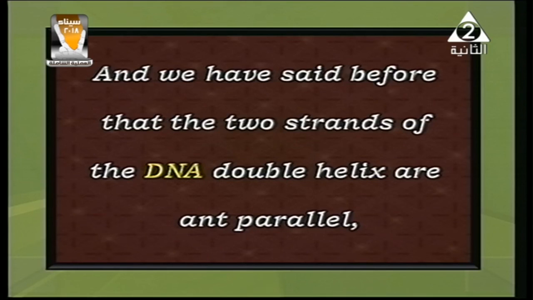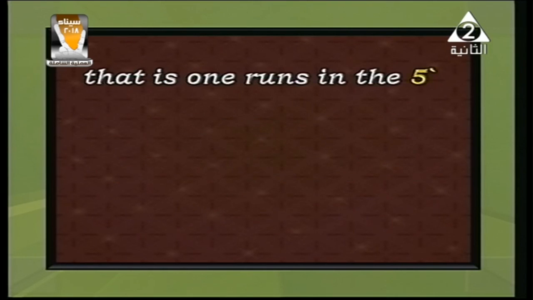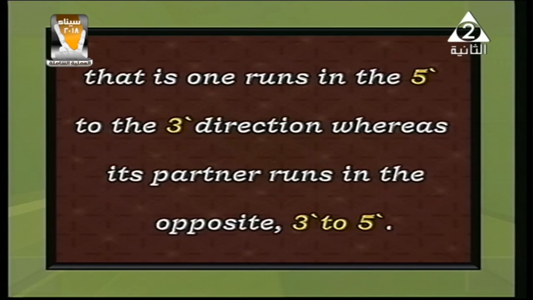There is a kind of twisting between them, and one runs in the 5' to 3' direction, whereas its partner runs in the opposite direction, 3' to 5'. So we don't have symmetry as you imagine it, but they are what? They are opposite to each other.